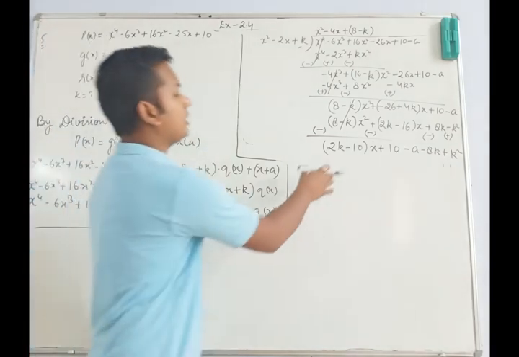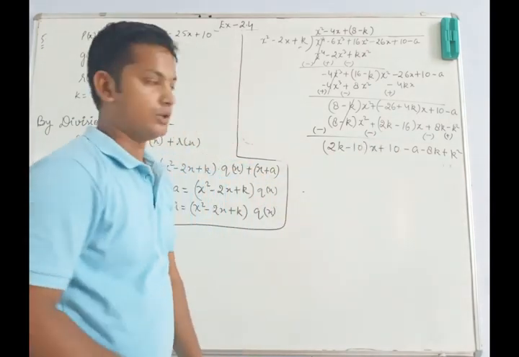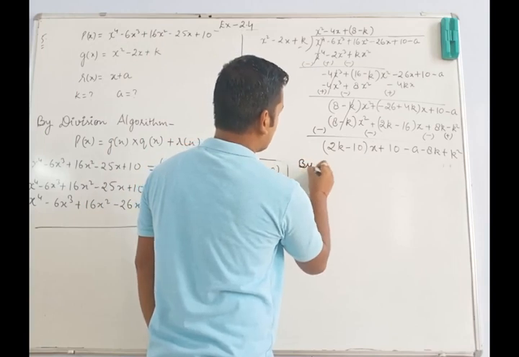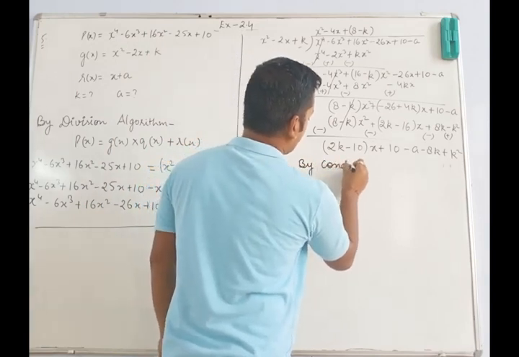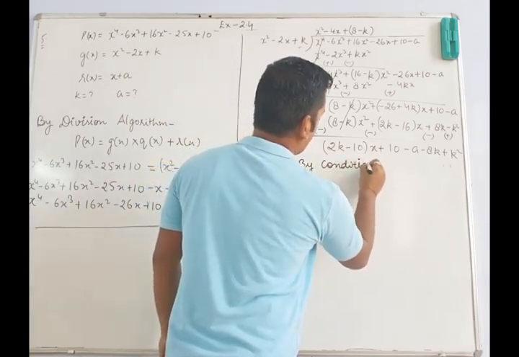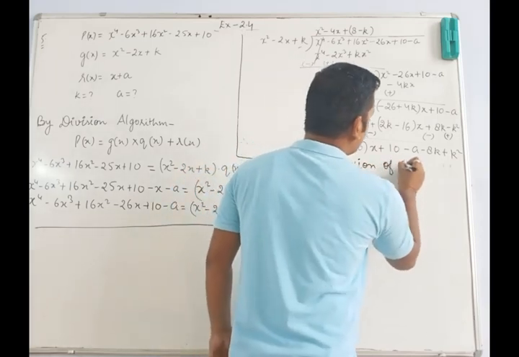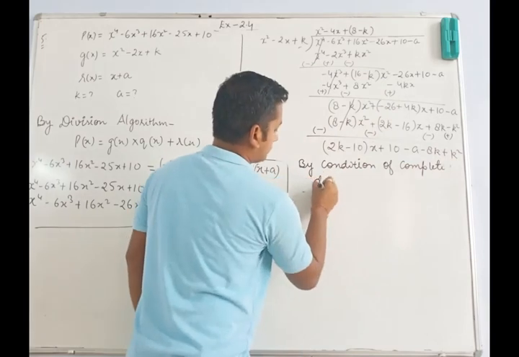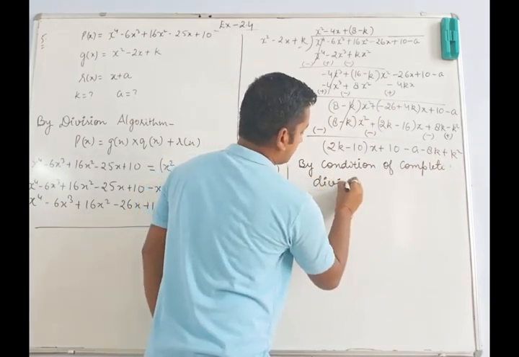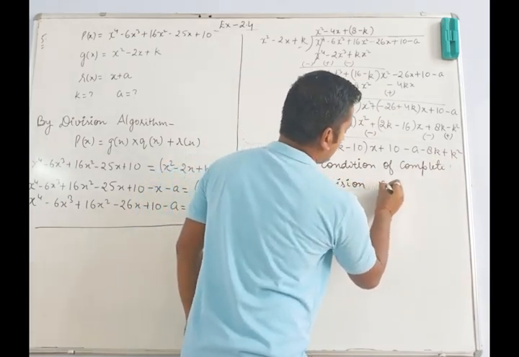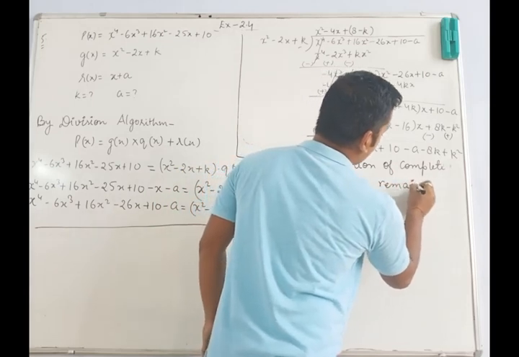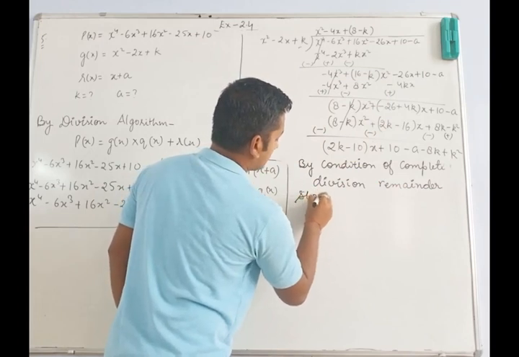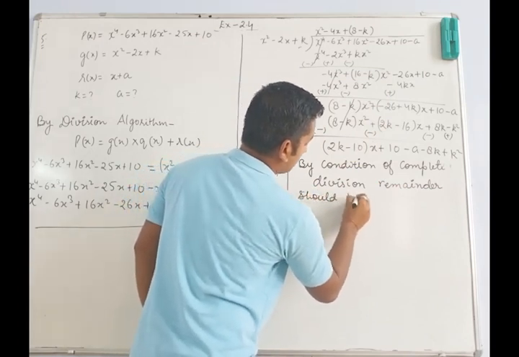That means this remainder should be equal to 0. So we will be checking it. By the condition of complete division, the remainder should be 0.